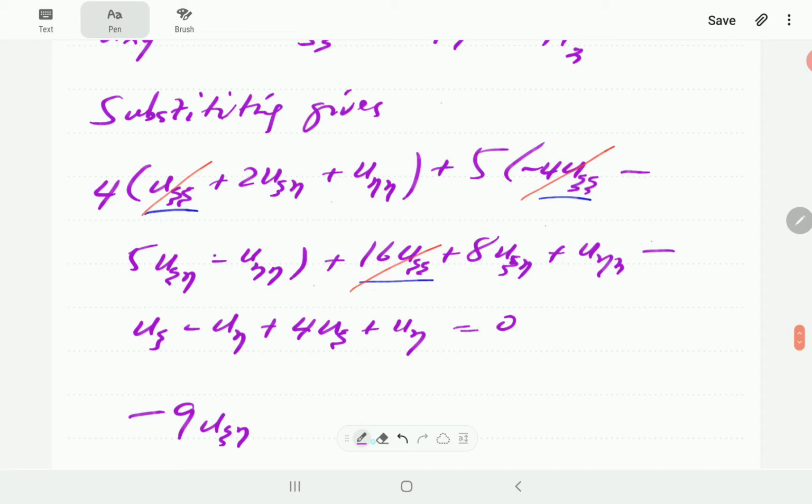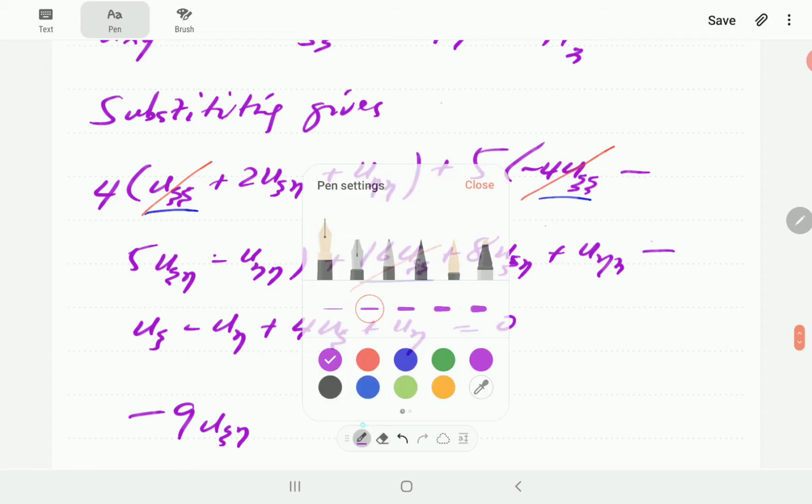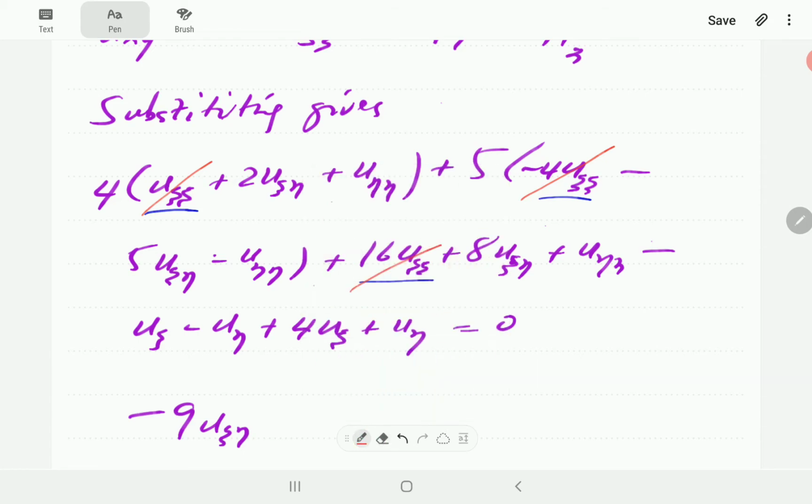Then the eta eta terms, we have got 4 here. Then we have got here minus 5. 4 minus 5 is minus 1, and then plus 1 here. So that's 0. So these terms are going to cancel out.